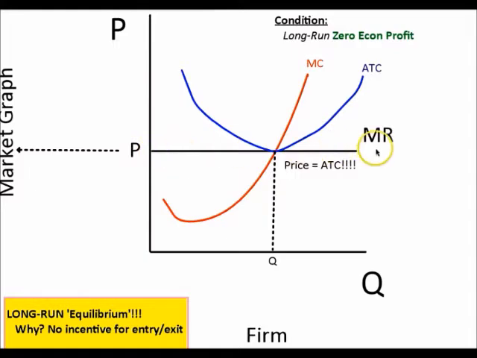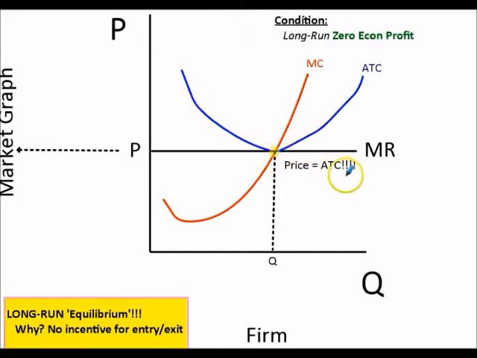Price is the firm's marginal revenue, and at the profit maximizing quantity, at MR equals MC, you find that quantity, you hit this point right here, right in the middle. And what we see is the price at profit max equals the ATC.